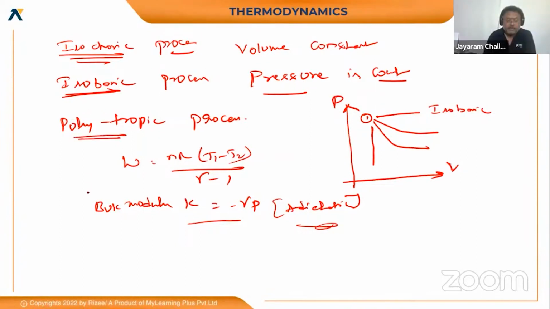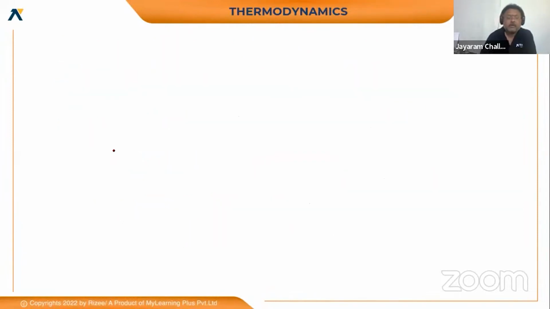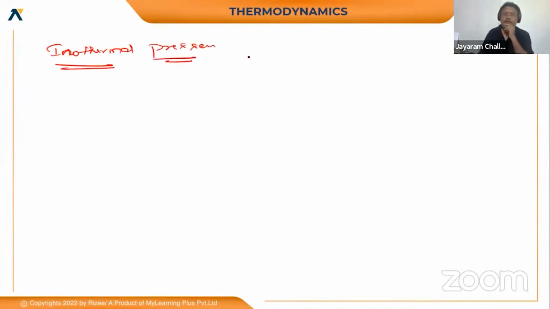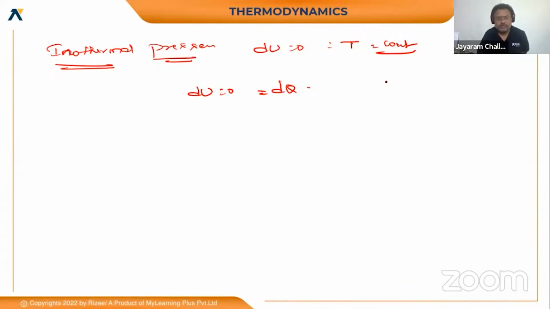In the isothermal process, du will be 0, that is, temperature remains constant. So dq is equal to dw.